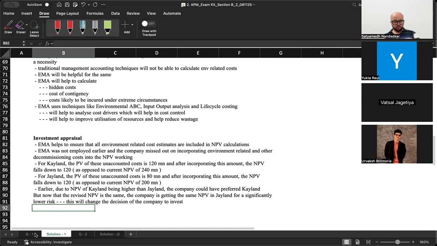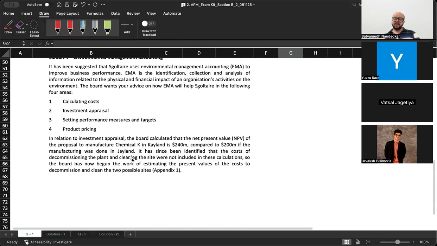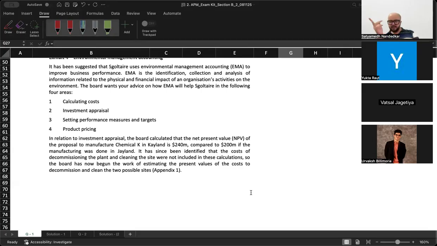Okay, let's go. Next one, setting performance measures and targets. How does EMA help you in setting performance targets? See, first of all, understand that the company has to compulsorily publish a CSR report.